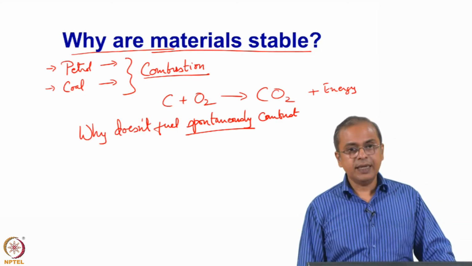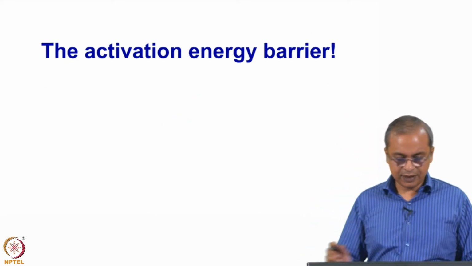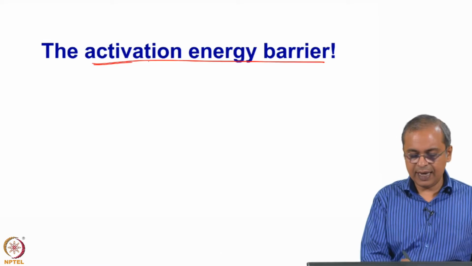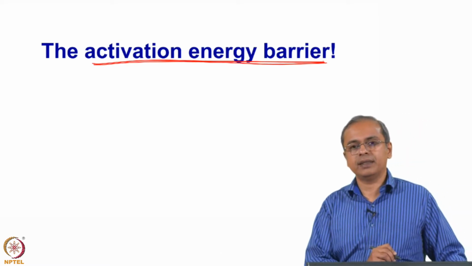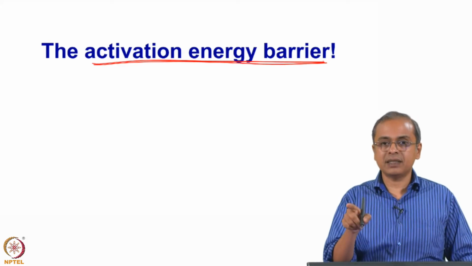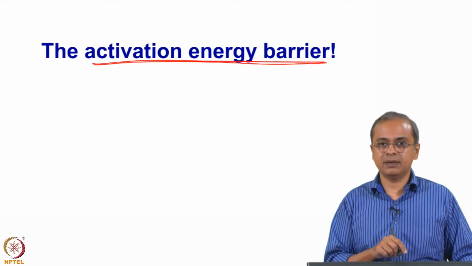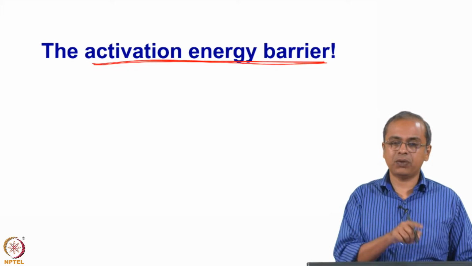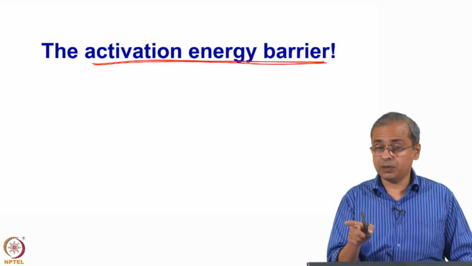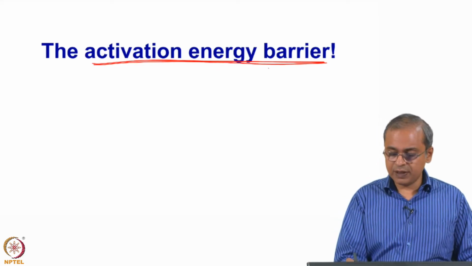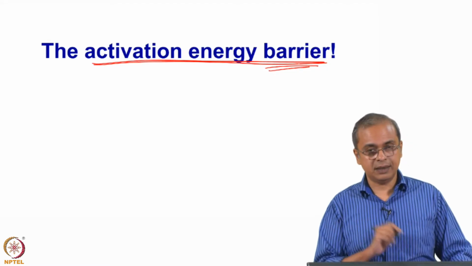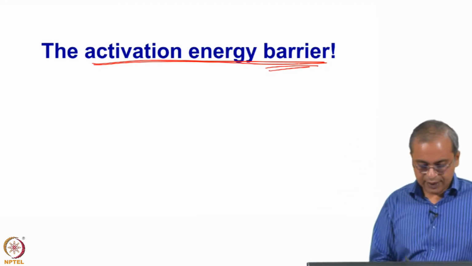So, the reason that they are stable is because there is an activation energy barrier which prevents that reaction from occurring spontaneously. Any of those reactions, petrol getting burnt or coal getting burnt could have occurred spontaneously, but because of this barrier, that reaction does not occur spontaneously. So, what do we necessarily have?